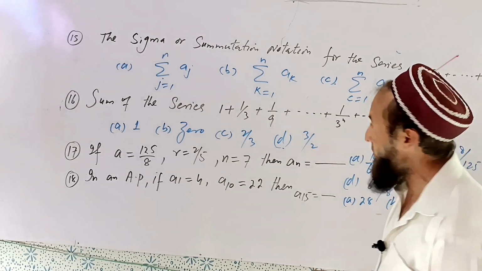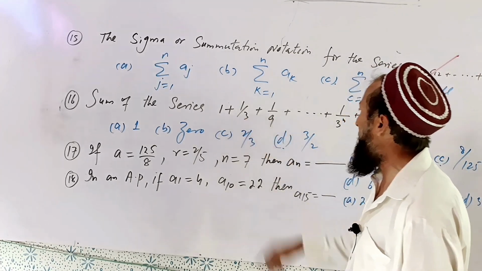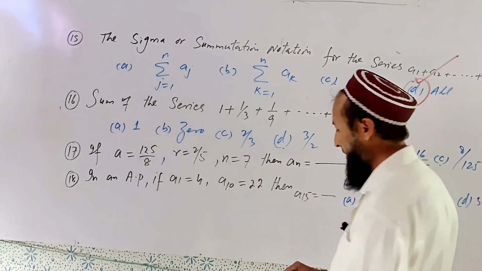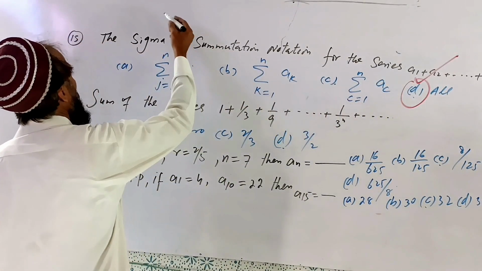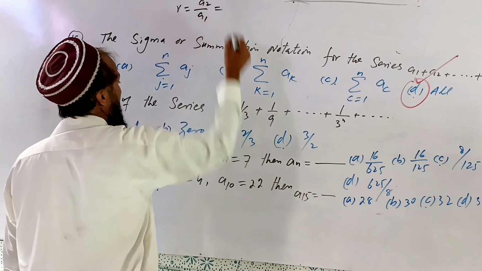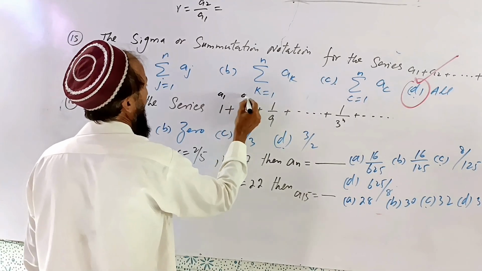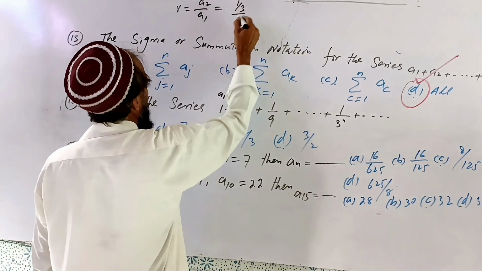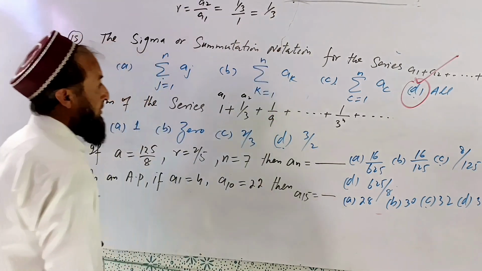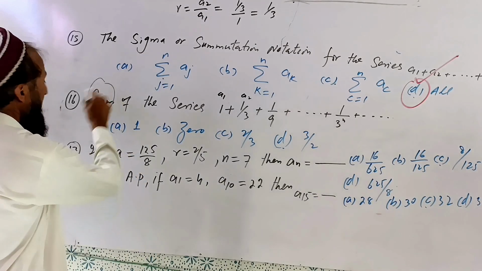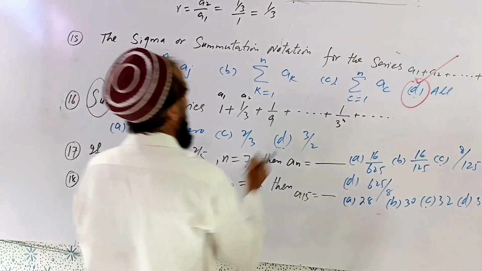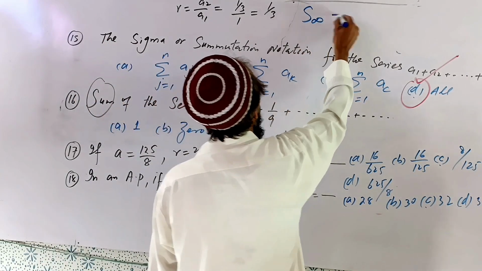The sum of the series 1 plus 1 by 3 plus 1 by 9. This is a geometric series. If we find the common ratio, r is equal to the second term divided by the first term. Here this is a1 and here a2, 1 divided by 3 and first term is 1, so we will get 1 by 3. The required sum is for the infinite series, so we need the sum to infinity.